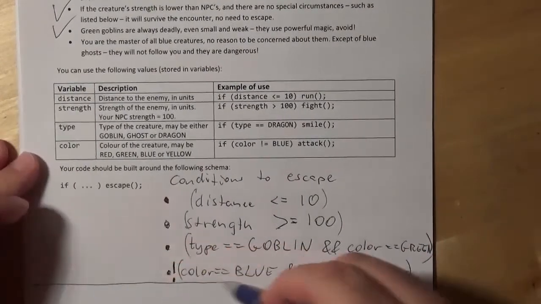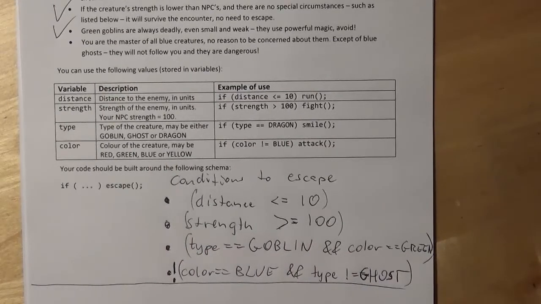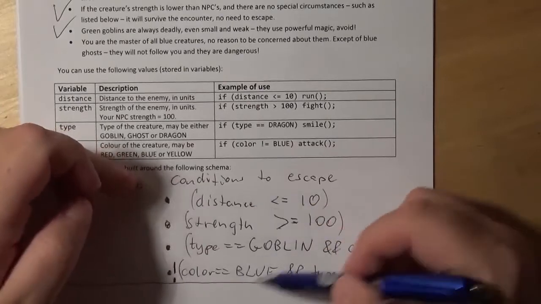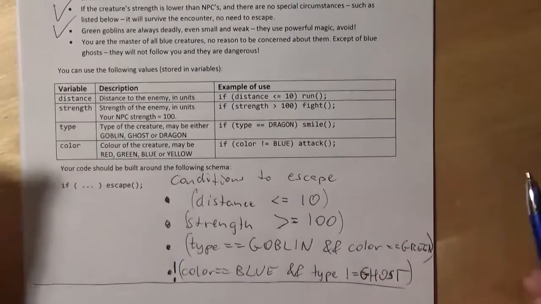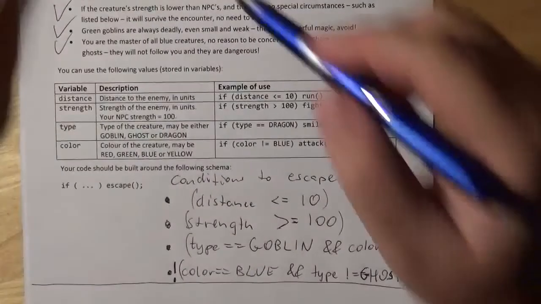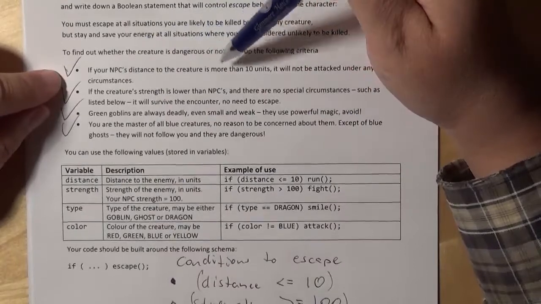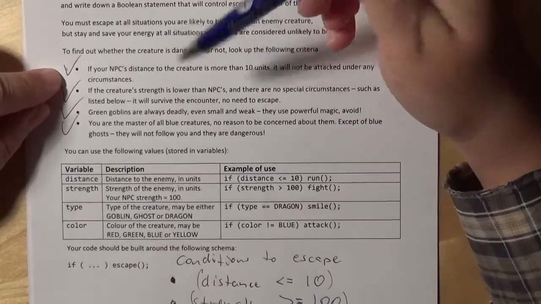Let's draw a line now, and now let's try to formulate the final condition that would put all these 4 smaller conditions together. So, first of all, if distance to the creature is more than 10 units, it will be not attacked.